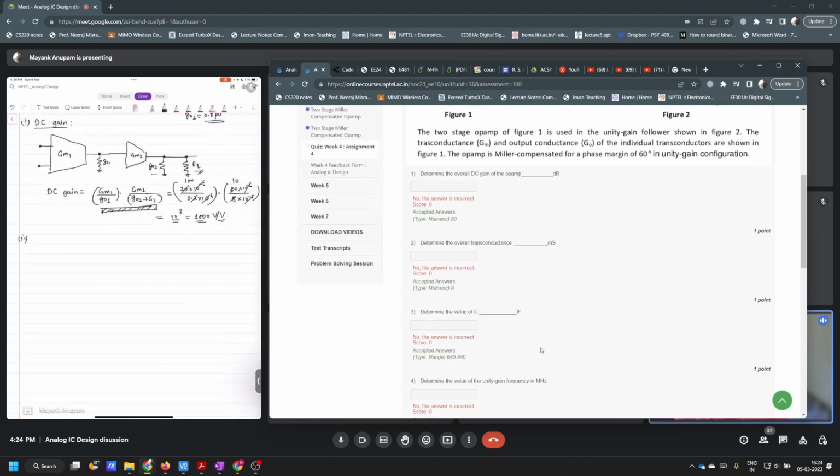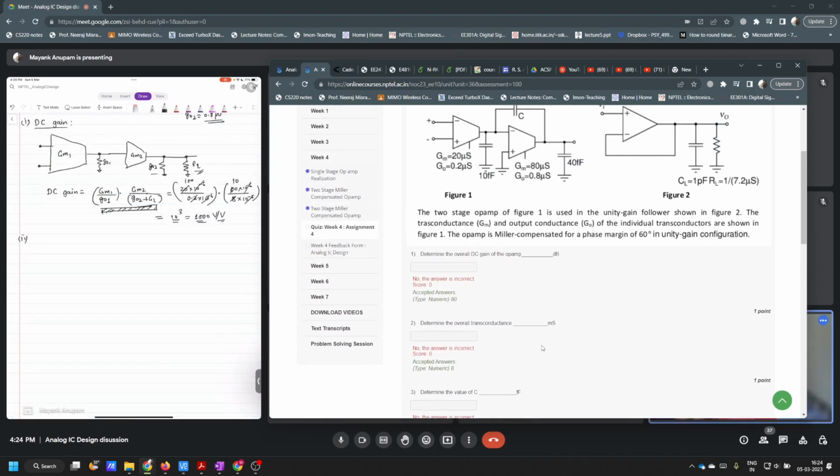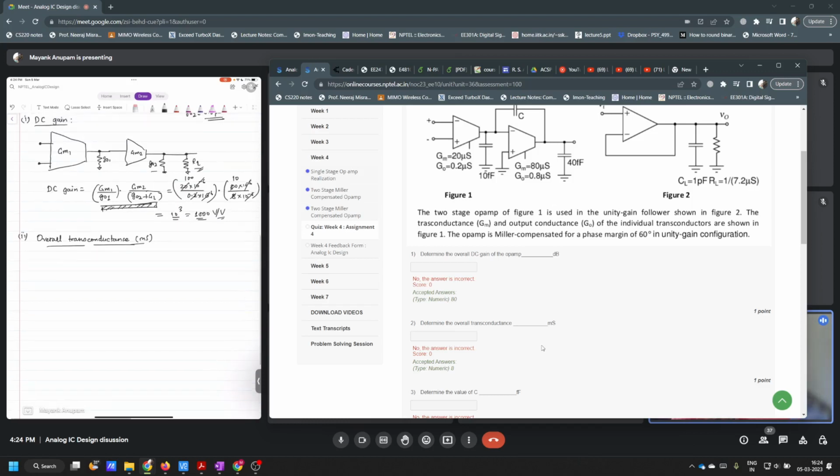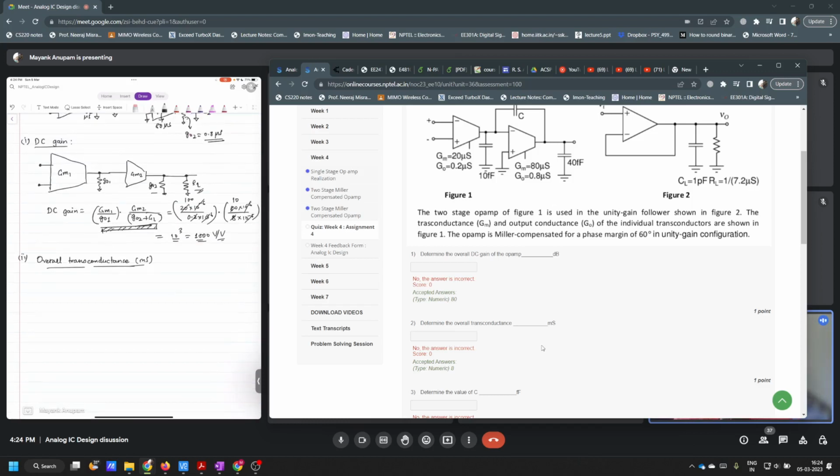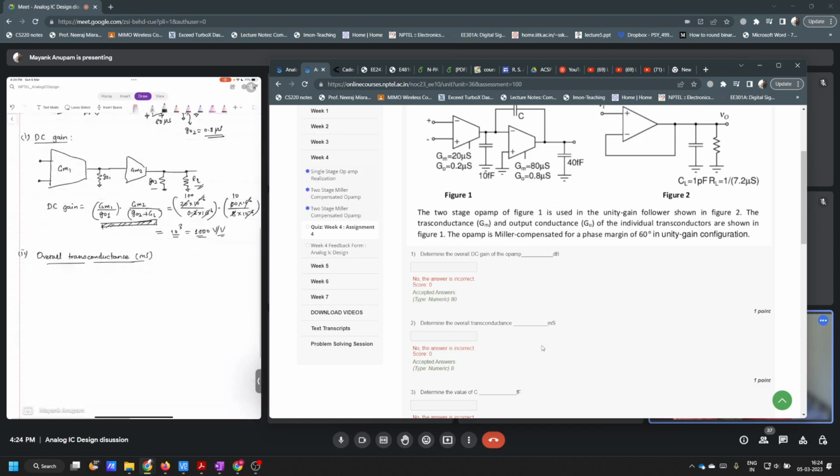What is that? Overall transconductance in millisiemens. And what is overall transconductance? I told you about it, right? So what do you mean by that? GM2 into GM1 by GO1.